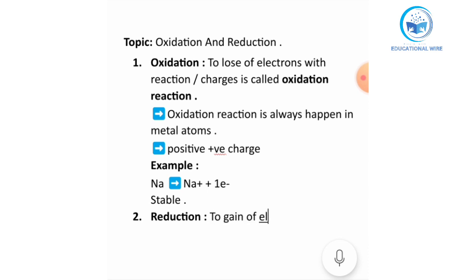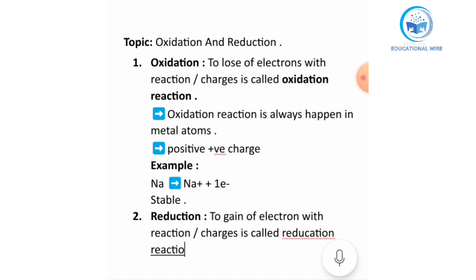Gain of electrons with reaction or charges is called reduction, the reduction reaction.